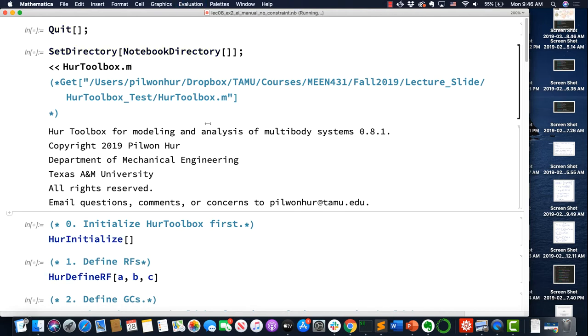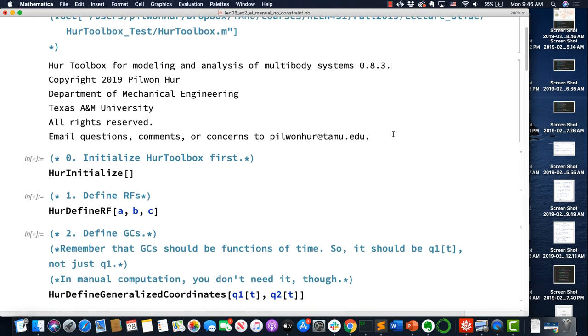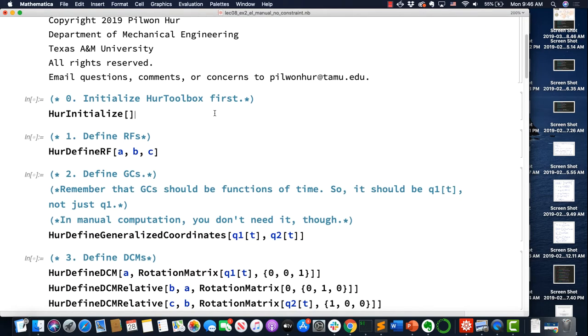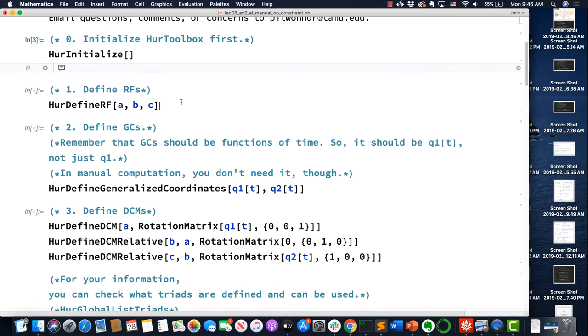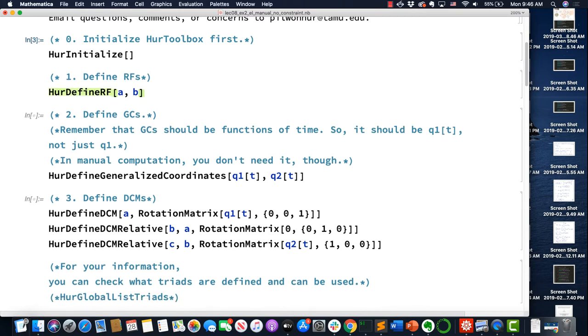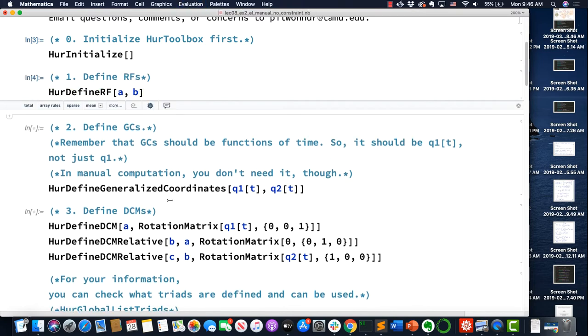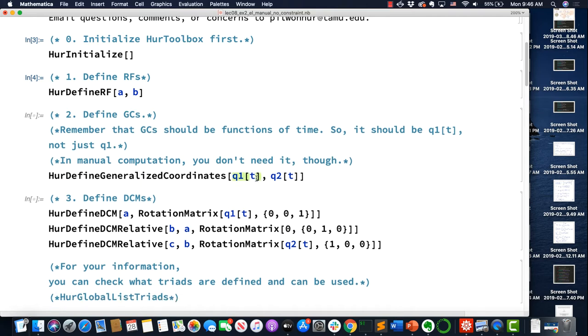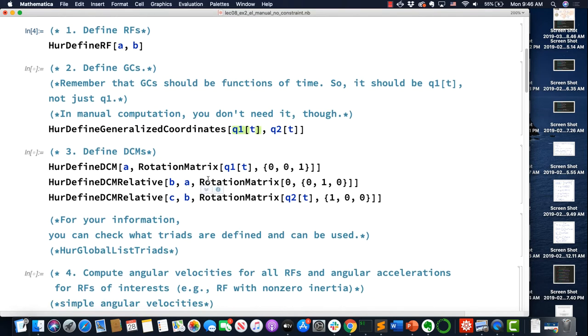And so as you can see, the current version is 0.83. So download that. Initialize it, and we have reference frame A and B, so remove that. So we have reference frame A and B. Generalized coordinates Q1 and Q2. Direction cosine matrices. The first one is just the identity matrix.